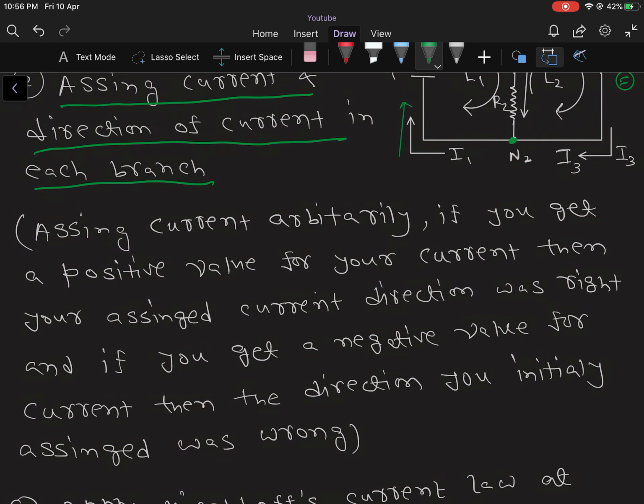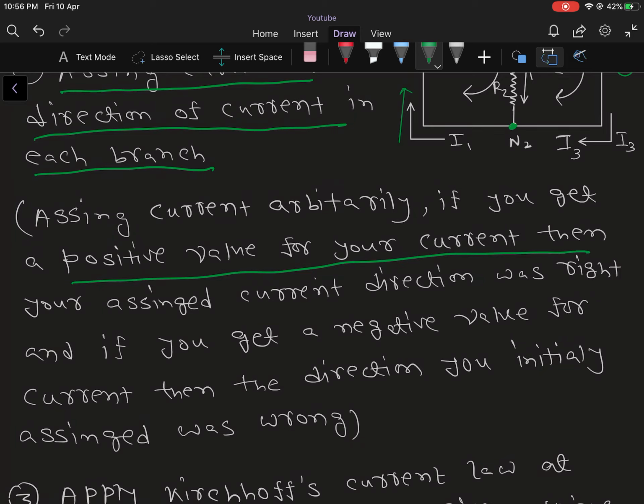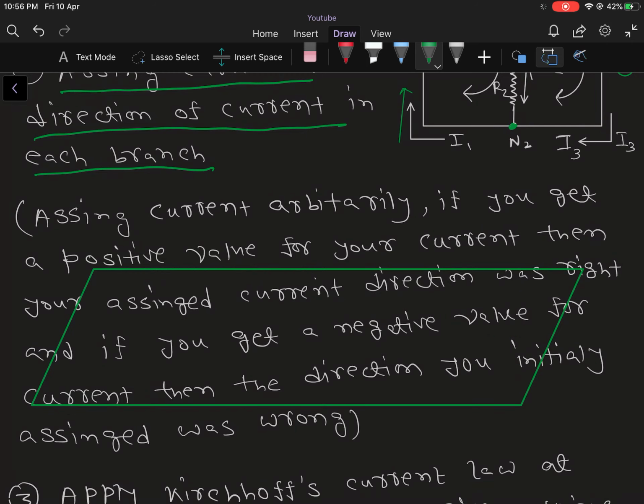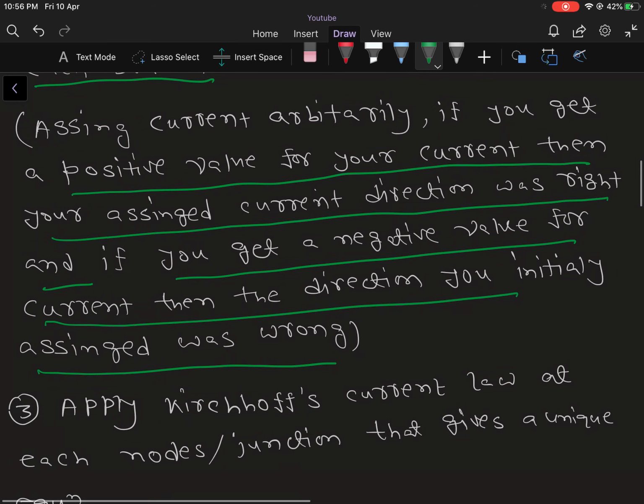So one thing is there: assign current arbitrarily. There is no such rule for how to assign the current. If you get a positive value for your current, then your assigned current direction was right, and if you get a negative value for the current, then the direction you initially assigned was wrong.